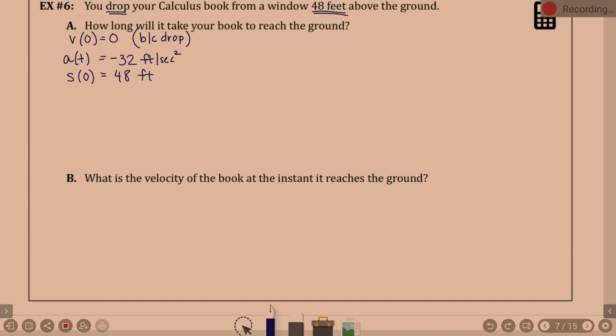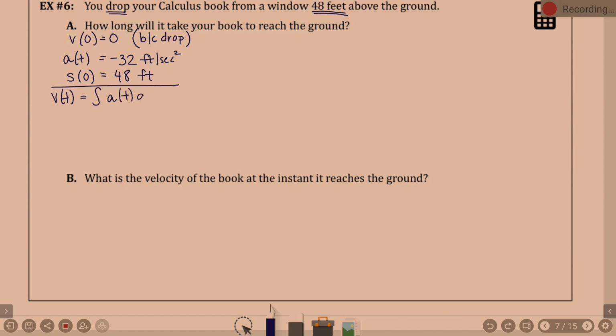So that is our initial information. In terms of formulas, we have an acceleration formula, yes? Acceleration is negative 32 feet per second squared. What can we find since we know acceleration? Velocity. We can find velocity because velocity is the integral of acceleration. So I just wrote it in general.